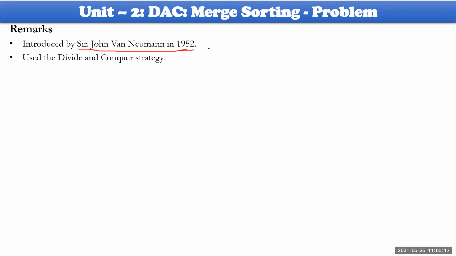Of course, that story happened in 1948. However, our point is that we want to discuss only the merge sort algorithm. The sorting algorithm was introduced in 1952 by one of the pioneers of computer science, John von Neumann.